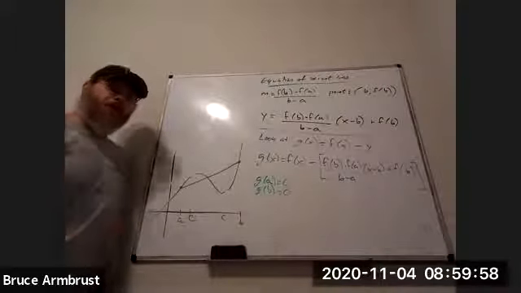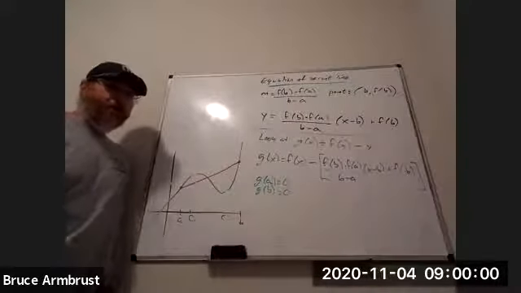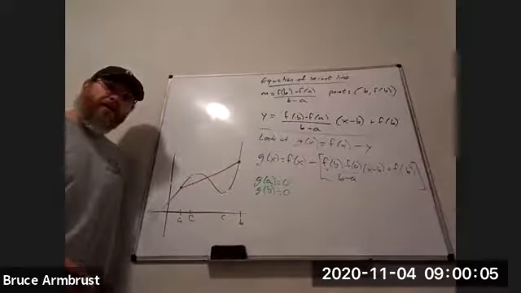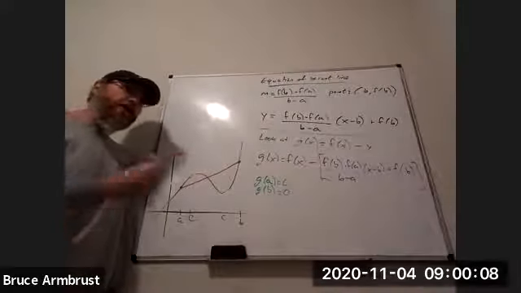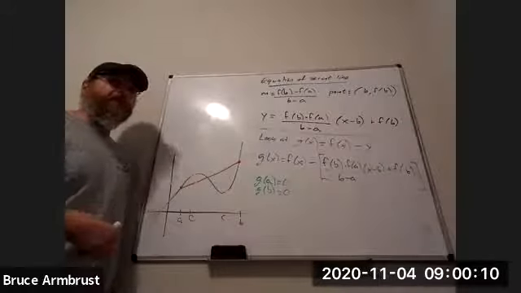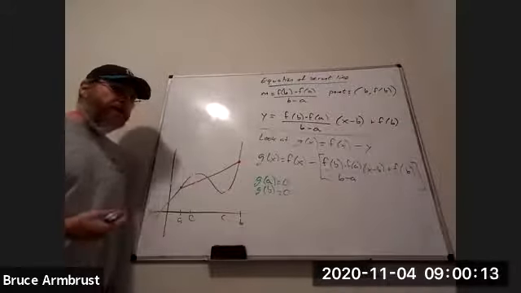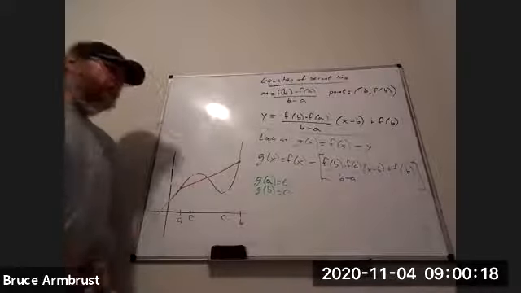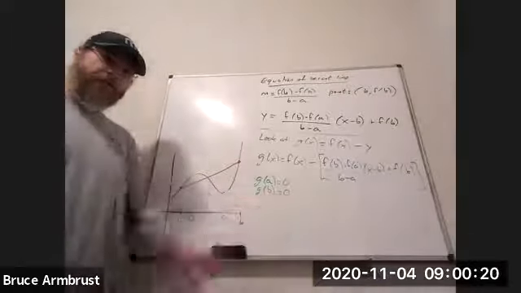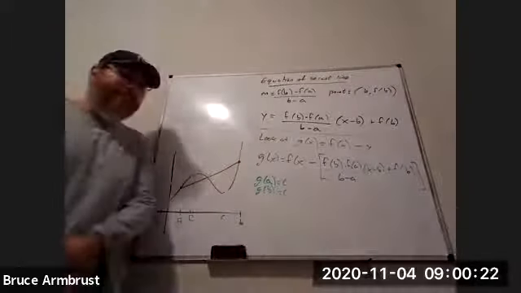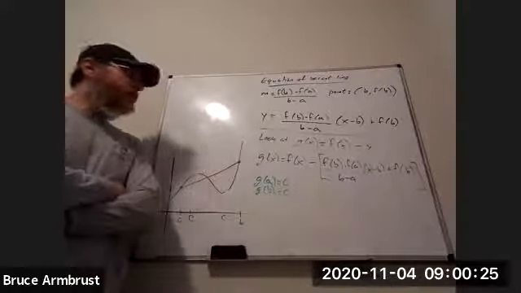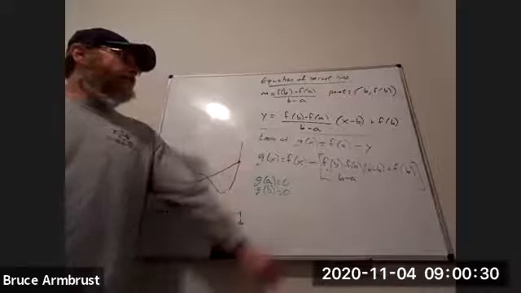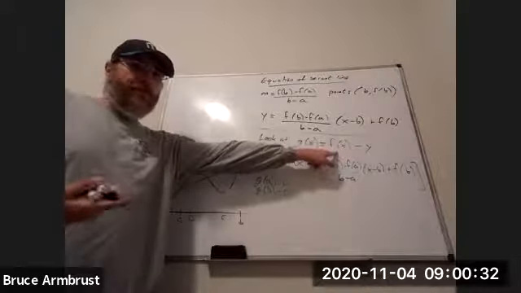Okay, so now let me remind you about Rolle's theorem. Rolle's theorem said if we have a continuous differentiable function whose endpoints have the same value, then there's somewhere in the middle where the derivative has to equal 0. Well, with g, we've got our endpoints being the same, but let's just talk about real quick, is it continuous and is it differentiable? Well, it is the difference of f of x and y. f of x is continuous because we were told we needed that.